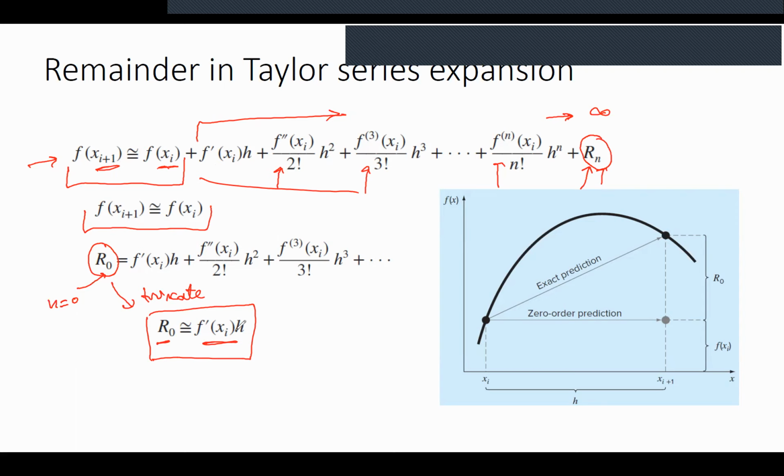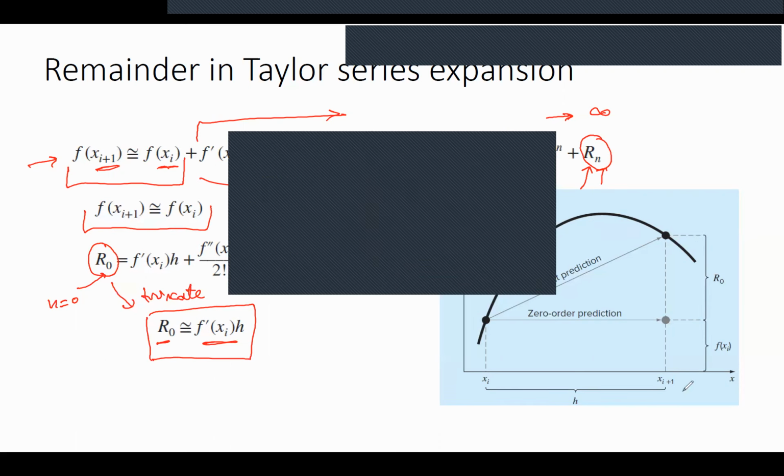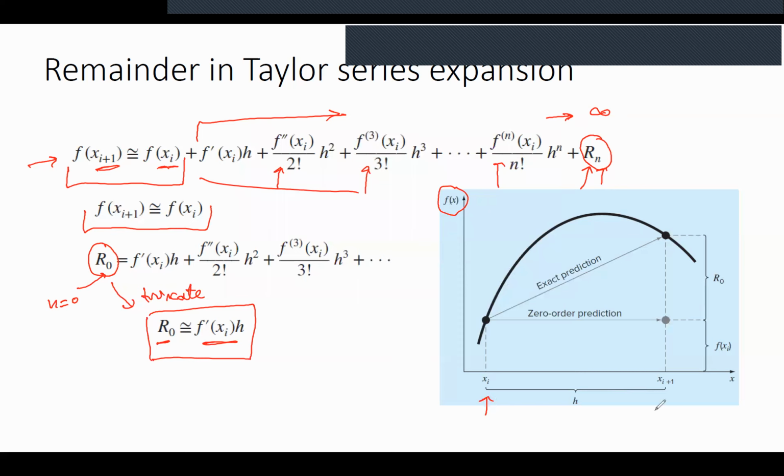On the right-hand side, we are given an f of x. We have a smooth function, and we have two values of x, x_i and x_{i+1}. And here the value of the function is given here. And here, the exact value of the function.